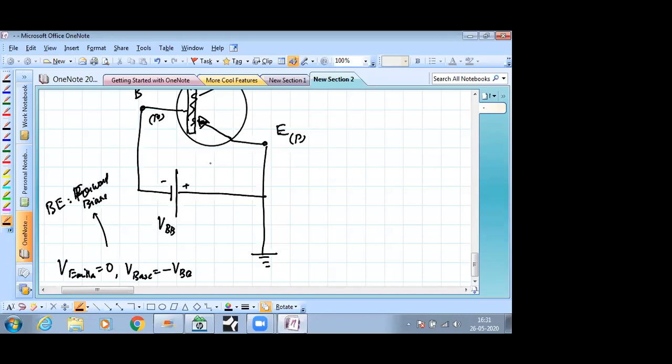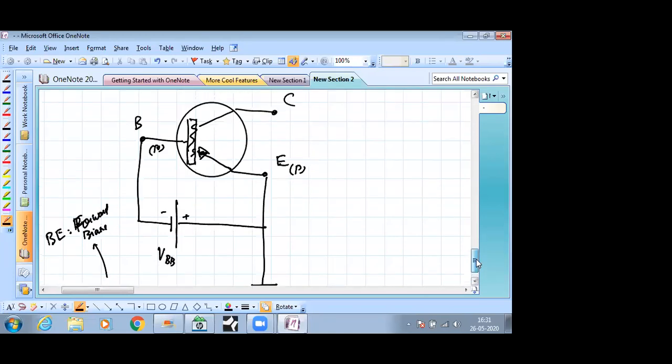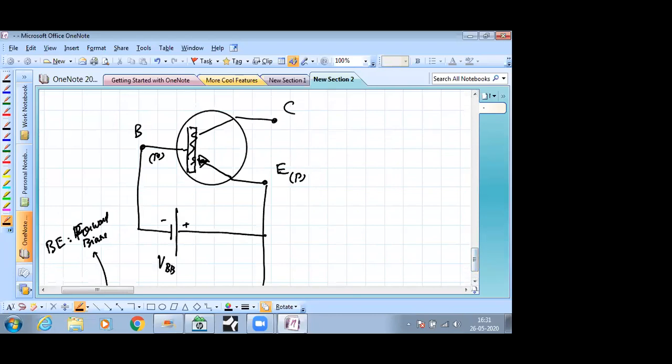Similarly, on the other side, the collector base junction has to be reverse biased. So the collector is now the P-type, remember, and this is the N-type. Reverse bias means the collector has to be at lower potential than the base. So you will connect another battery like this.